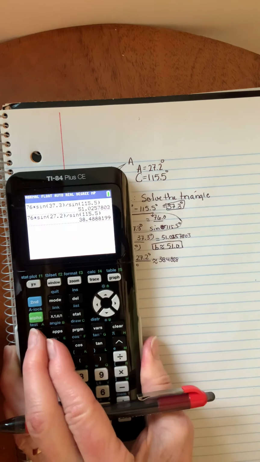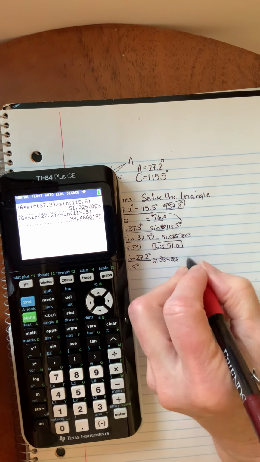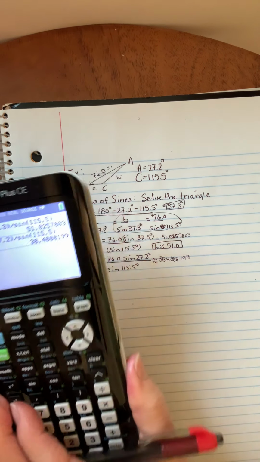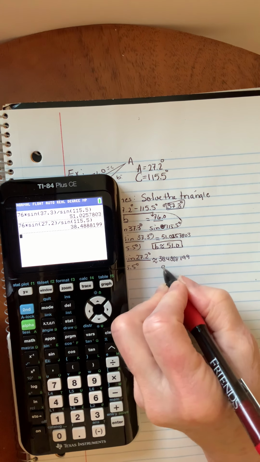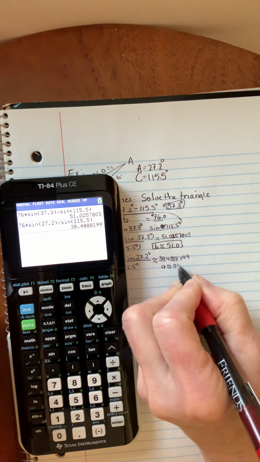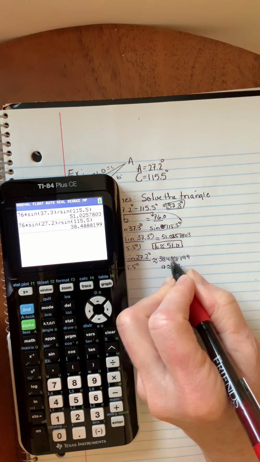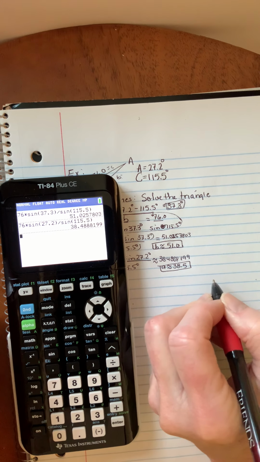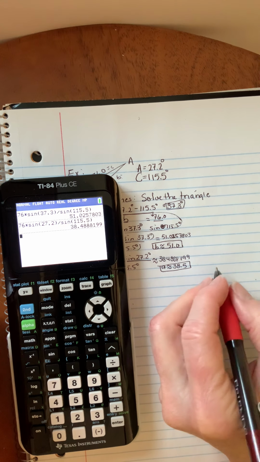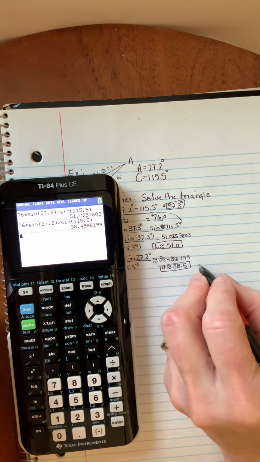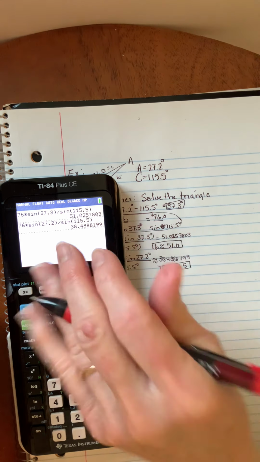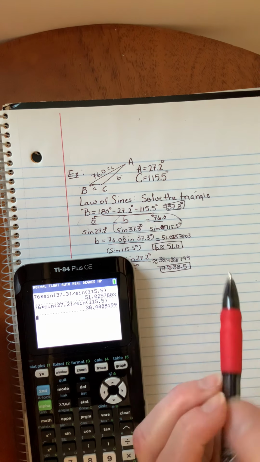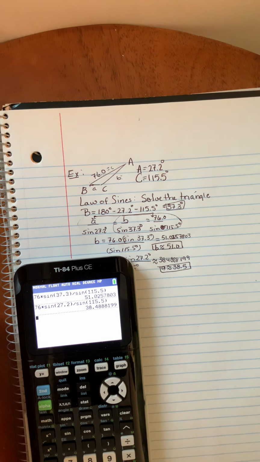So I'm going to say that A is approximately 38.5, rounded up because of that 8. So now we've got a value for A, a value for B, we were given a value for C, we've got all three angles, all three sides, we're done solving the triangle.